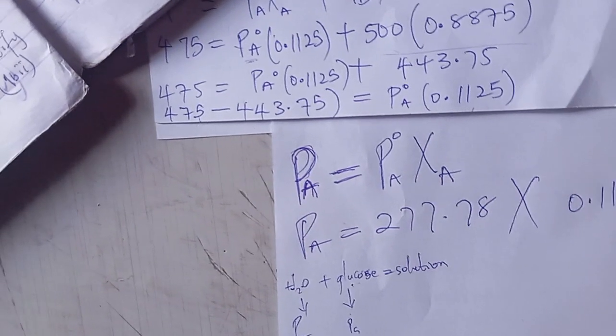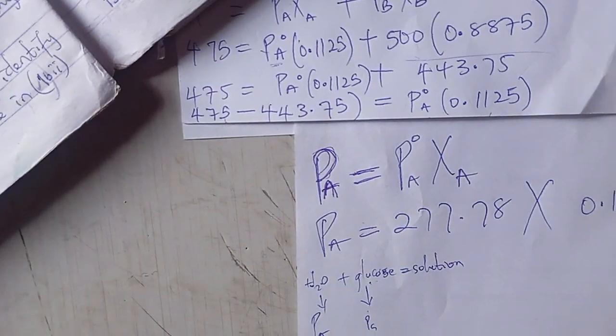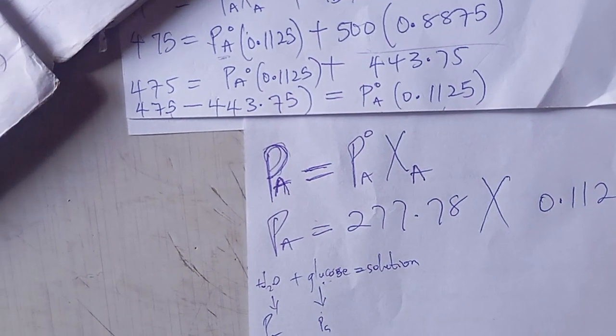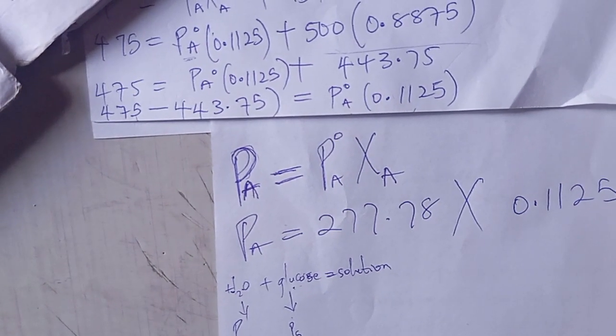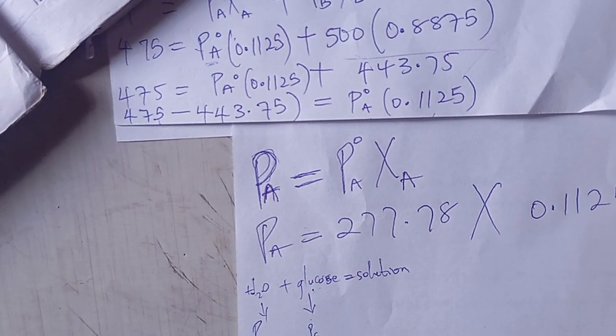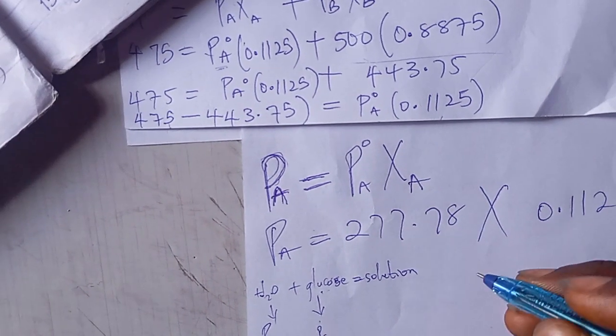Let's do it together. 277.78 multiplied by 0.1125.